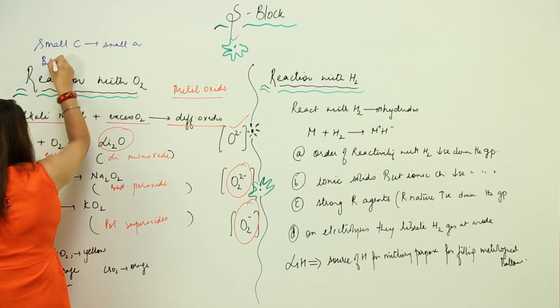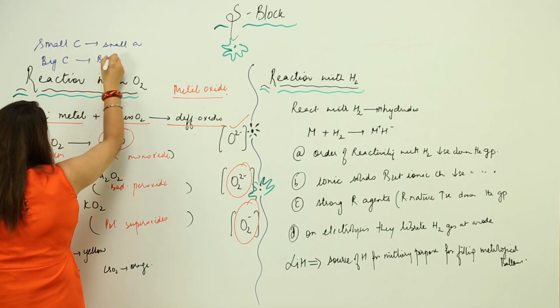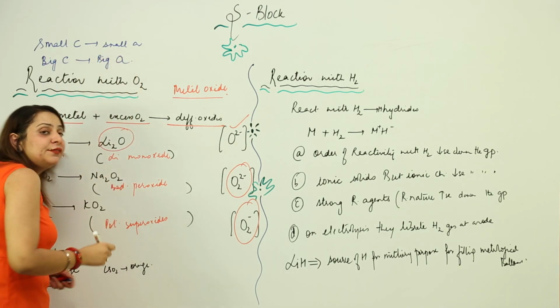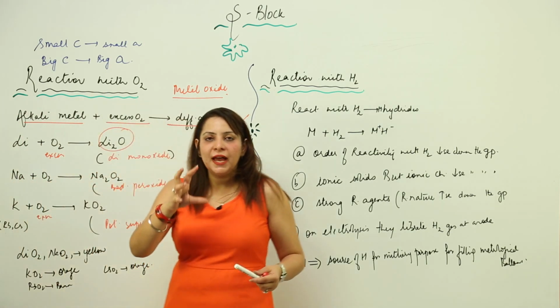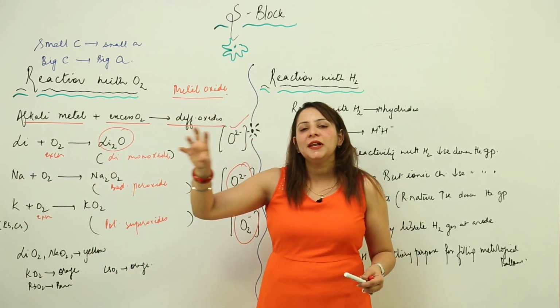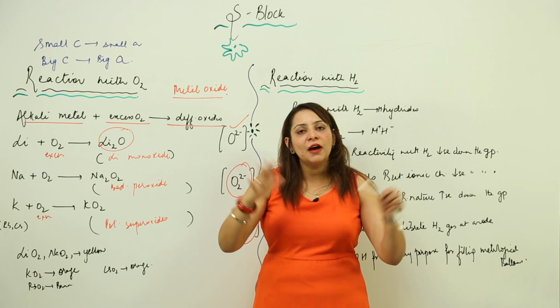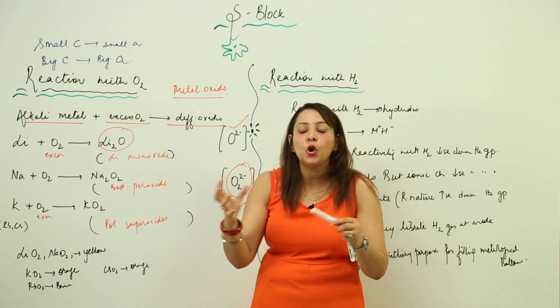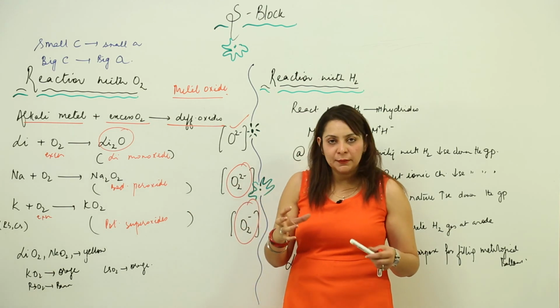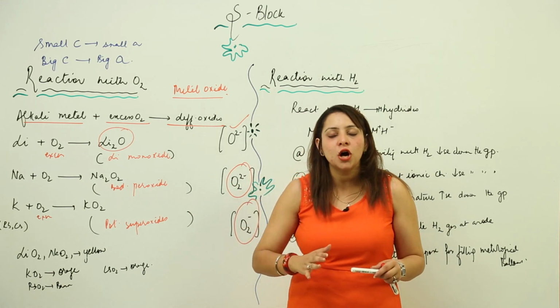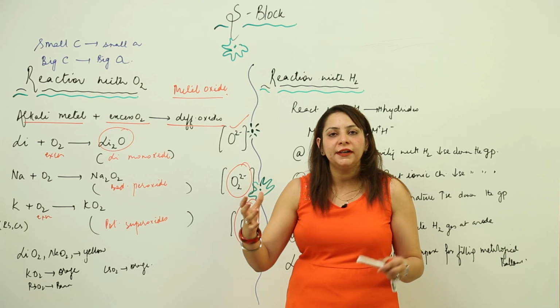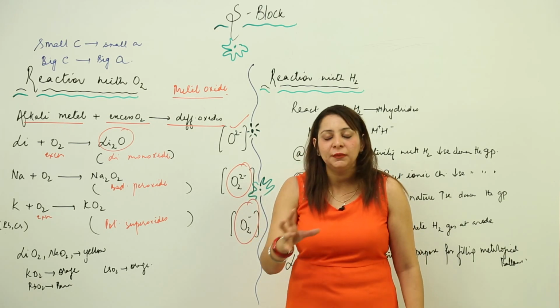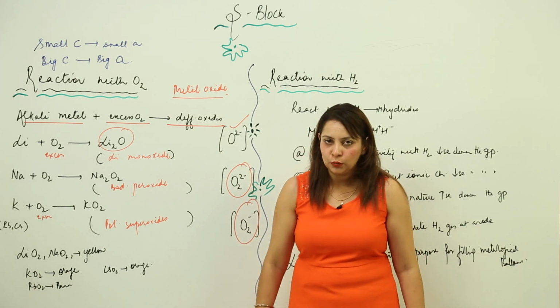Likewise, a big cation can stabilize a big anion. It is a fact actually. That means if we have a small positive ion, it can stabilize only a small negative ion. If we have a bigger positive ion, it can stabilize a bigger negative ion. That means the bond formed between them is sufficiently strong, and the lattice energy liberated when they combine is maximum. So it provides stability to the compound, right.